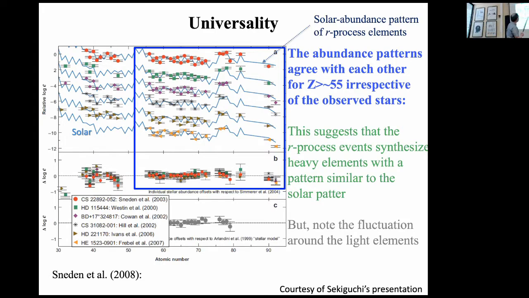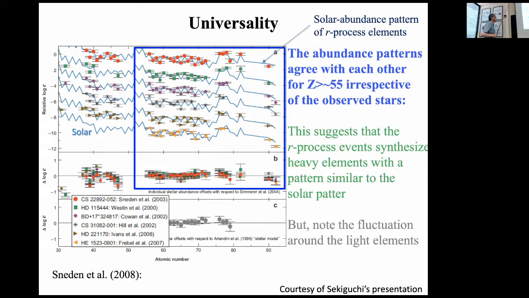This shows that the abundance patterns are quite similar to each other. All the observational results agree very well with the solar abundance pattern. This is the so-called universality.